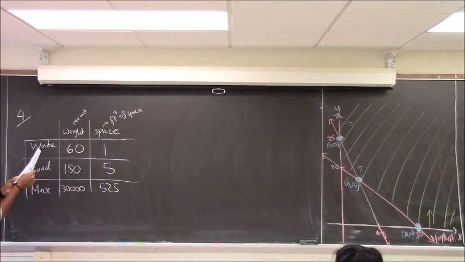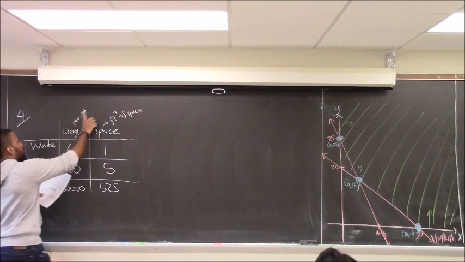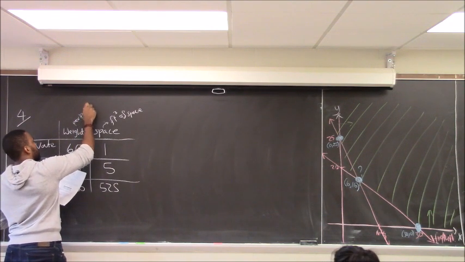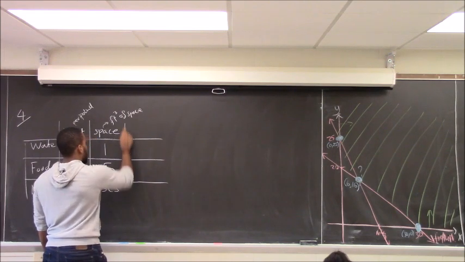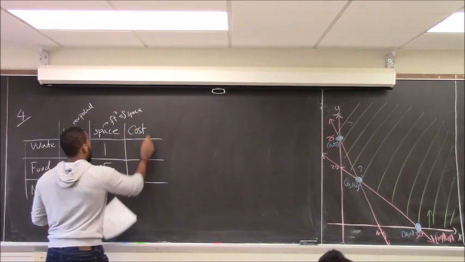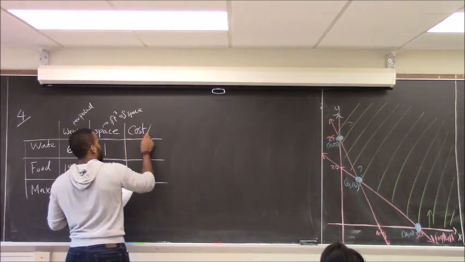Hotels on the island will buy the food for $16 a pound. This is per pound. So let's look at this here. Cost per pound.